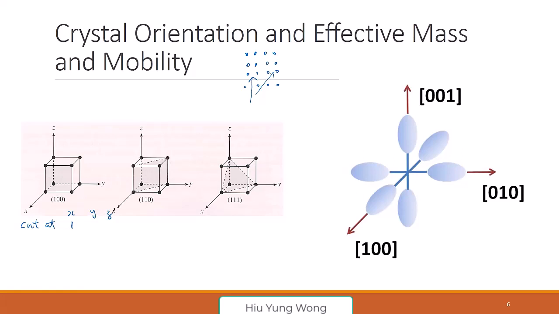Can you trace it and tell me where it cuts? Does it cut at 0? Does it cut at 1? Cut at 2, 3, 4, 5, negative 6, 1,000, 100? 1. Where? But I don't see this plane cut at 1. I'm talking about this plane.